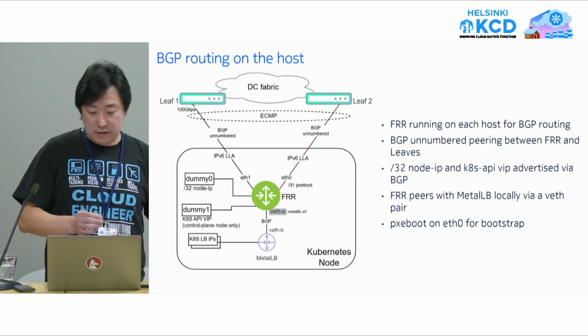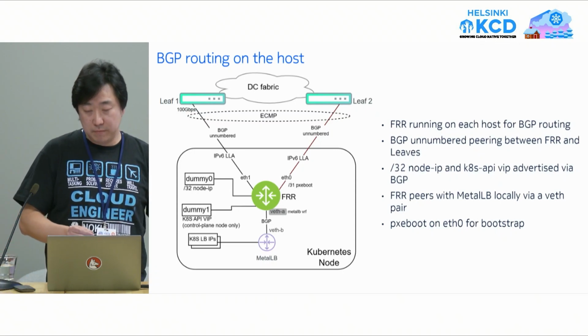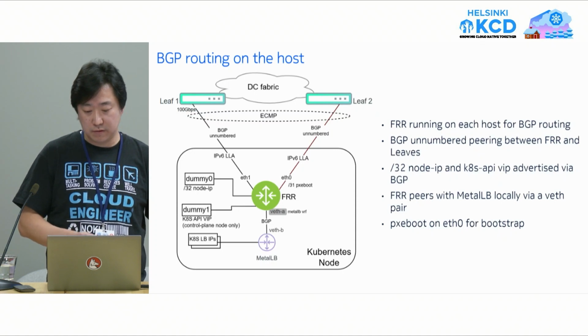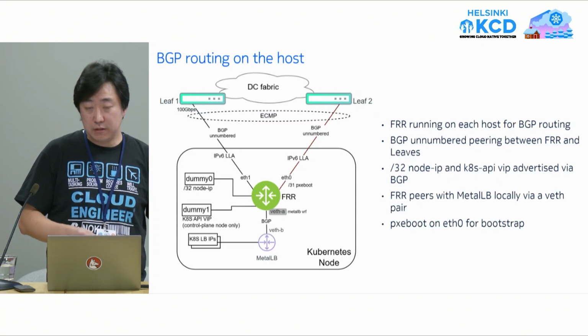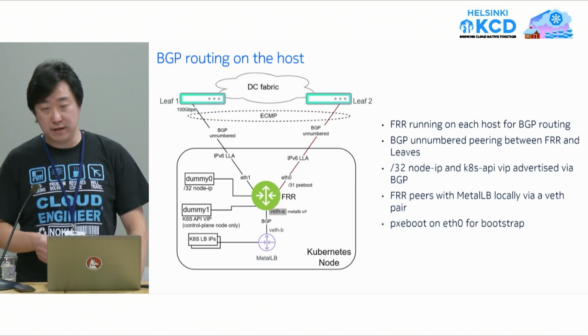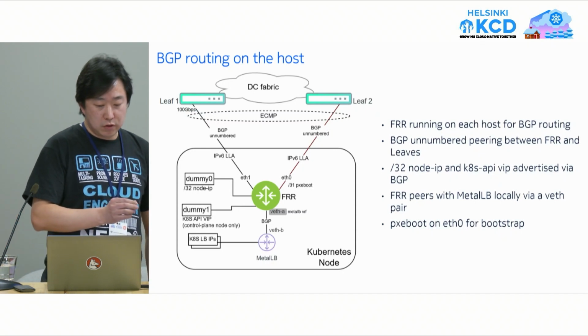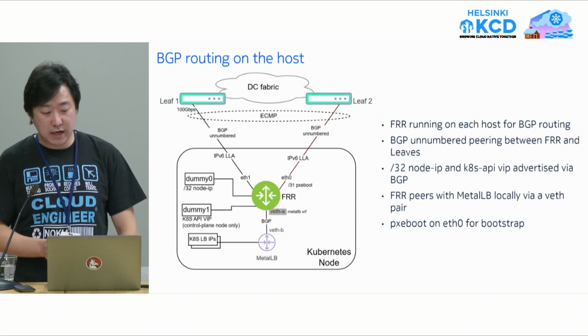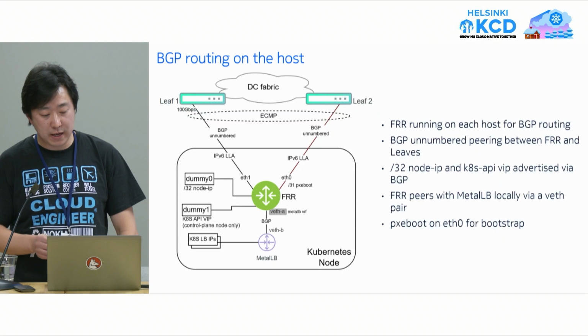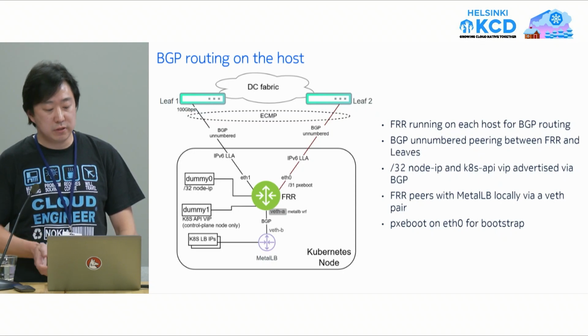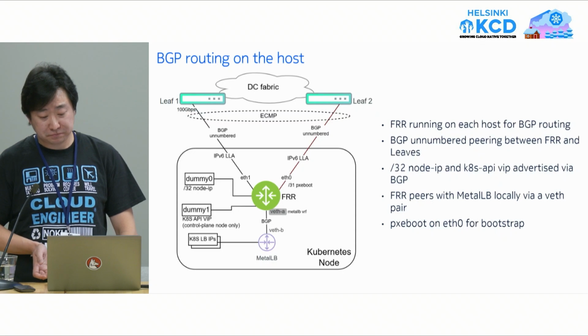Every node also runs a MetalLB speaker from the daemon set. So MetalLB locally pair with FRR through a virtual Ethernet pair. So the Kubernetes load balancer IP get advertised by MetalLB to the FRR. FRR further redistribute it to the fabric.